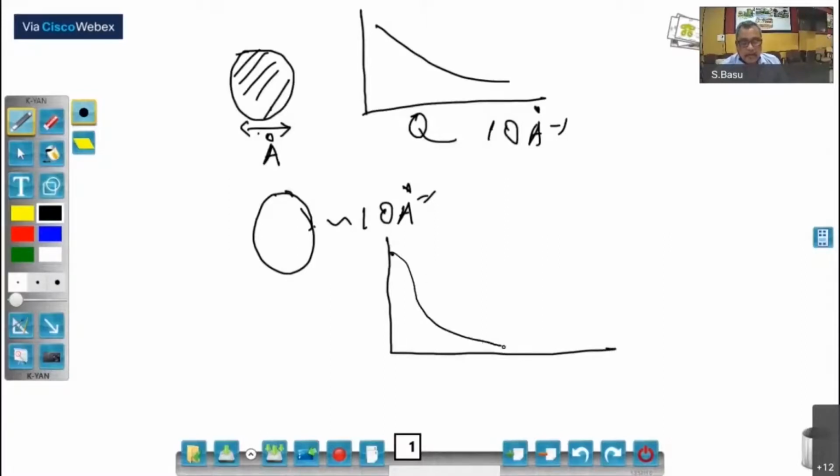It will be maybe 0.1 angstrom inverse, and you can see this form factor and fit it to get the size of this object, which is scattering neutron at such small angle.